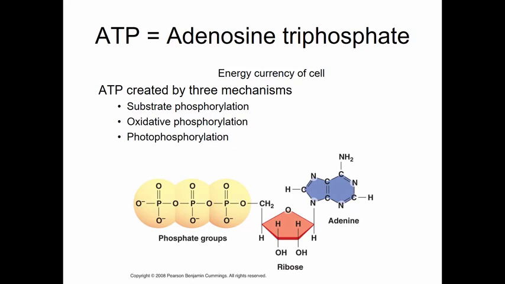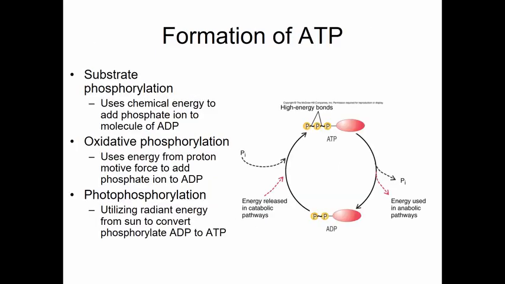They are using both substrate phosphorylation and oxidative phosphorylation to make this ATP molecule. Plants and photosynthetic bacteria are going to do photophosphorylation. All it means is making the ATP. Again, the terms are half the battle here.